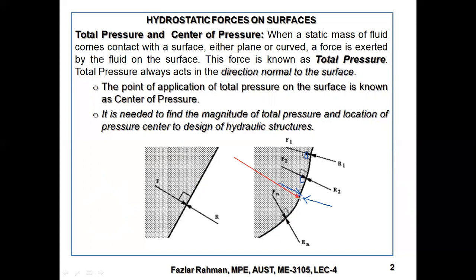If you are mathematically able to figure out that location, then you just need to support this point heavily. Say instead of a bucket, you have a curved plate of certain length underwater.